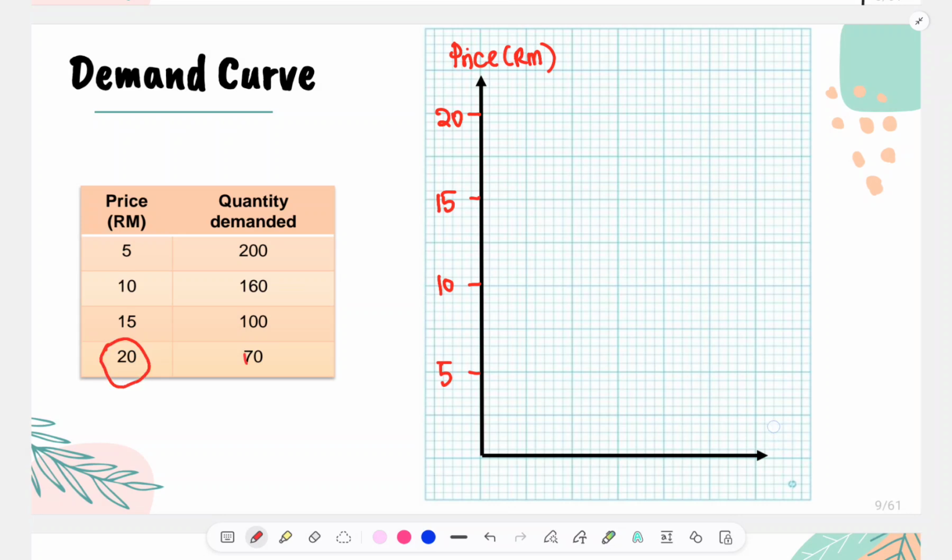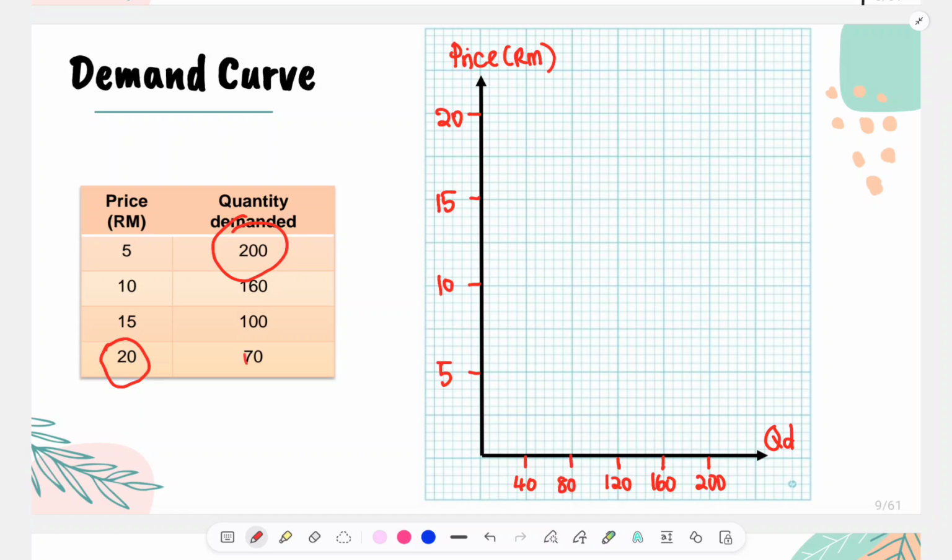For quantity demanded on the x-axis, I will use one big box only, which is around 1 centimeter for every 40 units. I stop at 200 units because in our table, the maximum quantity demanded is 200.